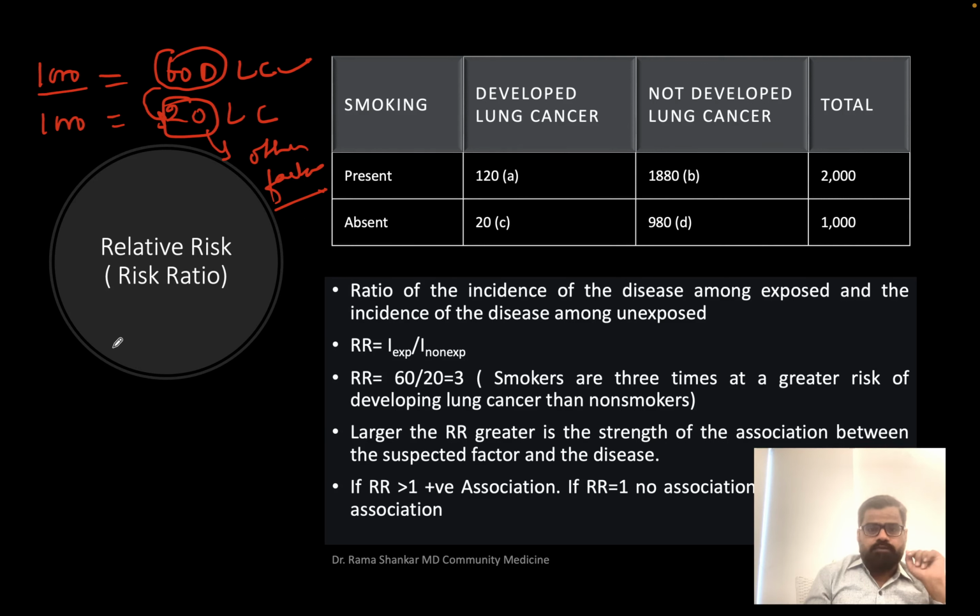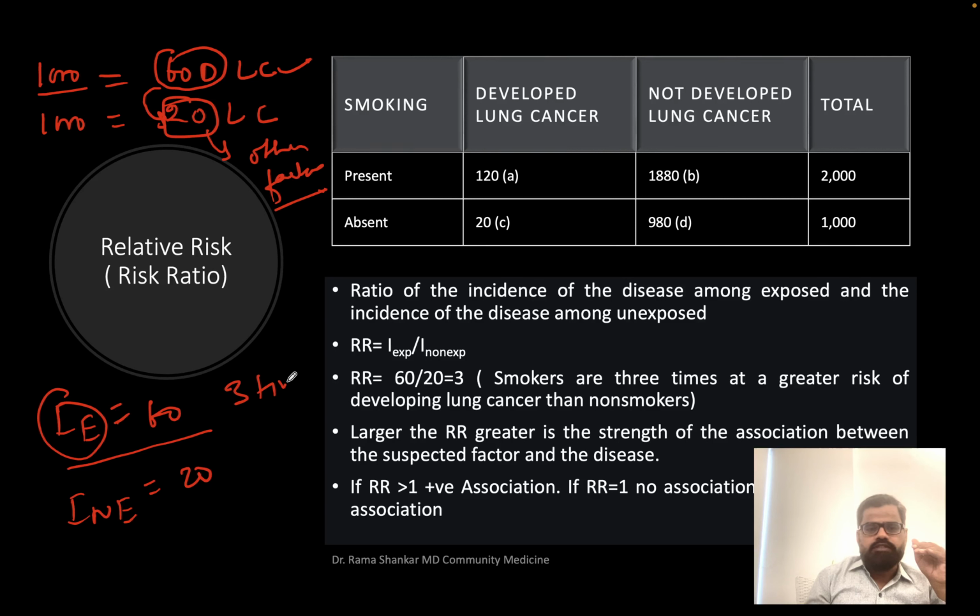Right? Now, I know incidence in exposed, which is 60. I know incidence in non-exposed, which is 20. So if I do a comparison between those, I can say that in the exposed group, the incidence is 3 times greater than in the non-exposed group. You have taken the ratio, so it becomes 3:1. So what is this 3:1?